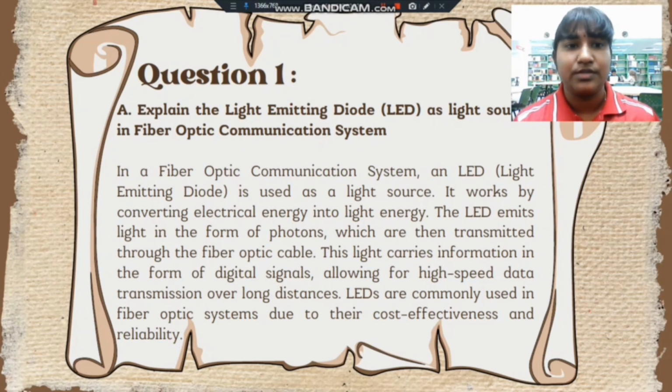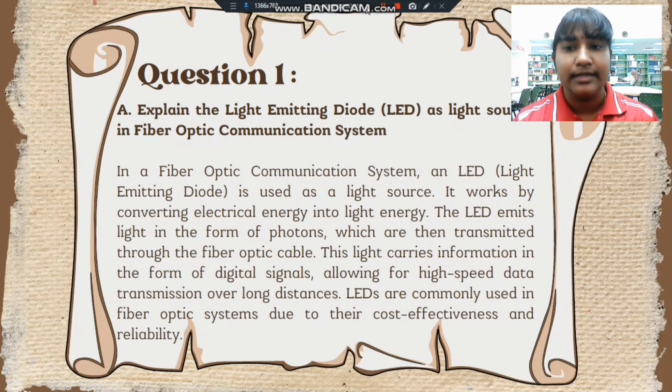For question 1, explain the light emitting diode, LED, light source in optic communication system. In a fiber optic communication system, an LED is used as a light source. It works by converting electrical energy into light energy.